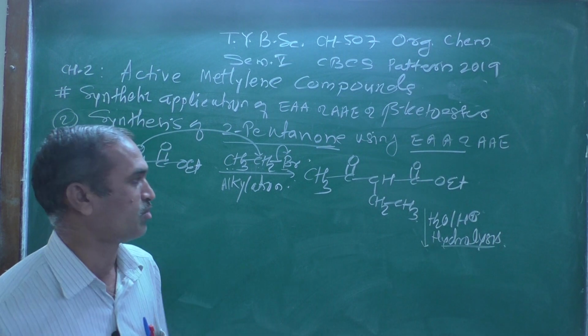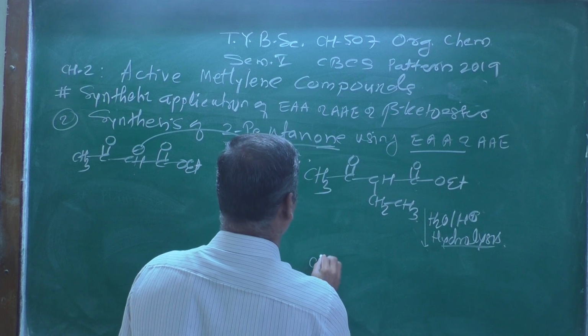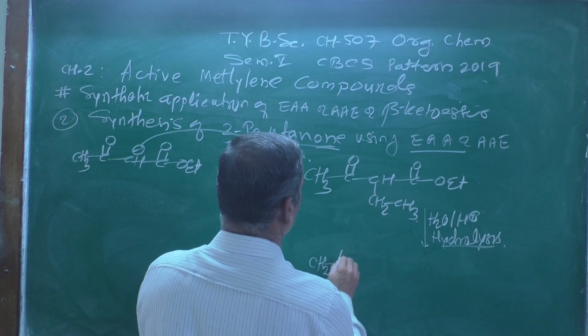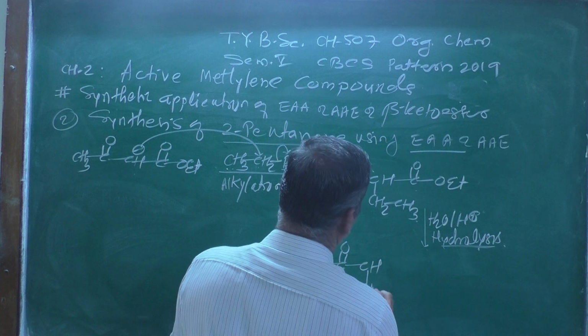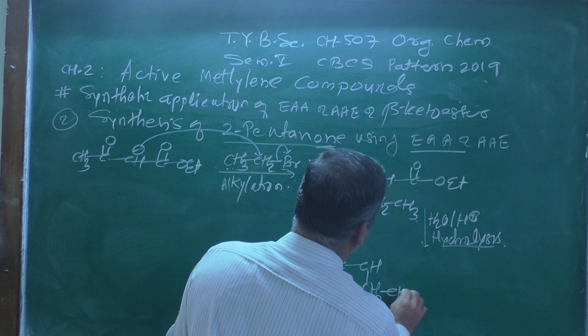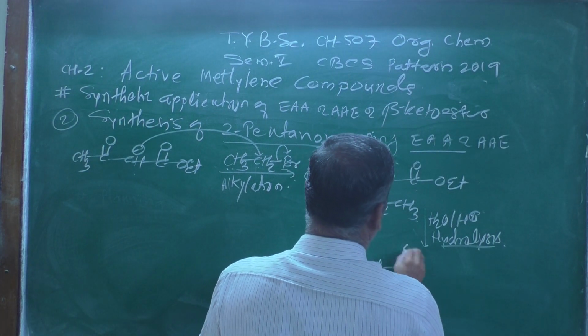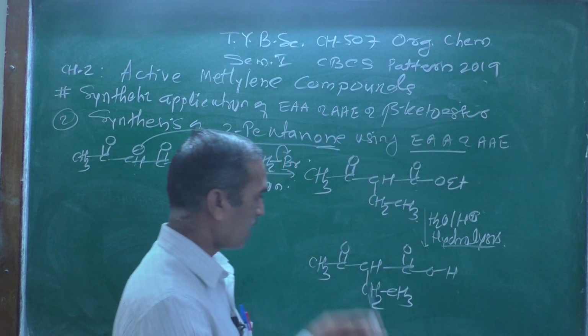That process is known as hydrolysis. There is an ester group, so you will get here CH3, C double bond O, then CH, then CH2, CH3, C double bond O, then OH, like this.